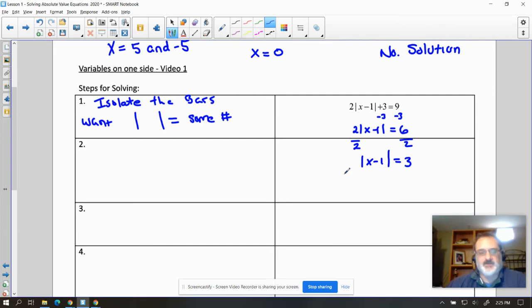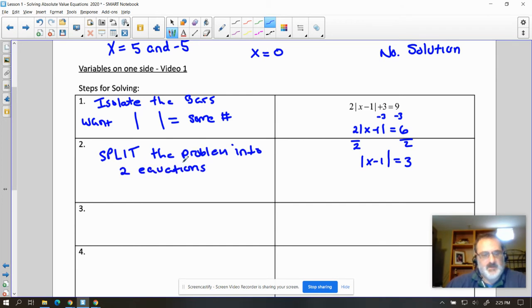Now I'm ready for step 2. Step 2 is called the split. Split the problem into two equations. We need the absolute value equal to the positive version of the number and the absolute value equal to the negative value of the number.